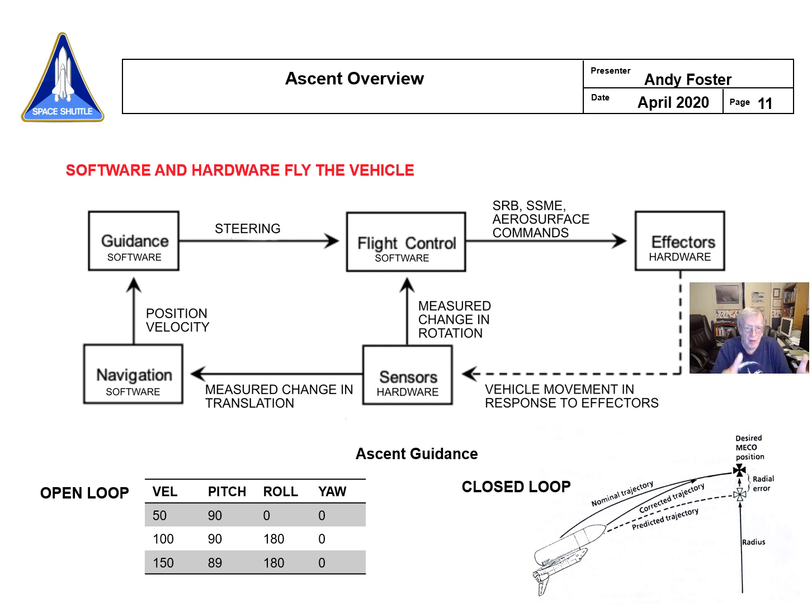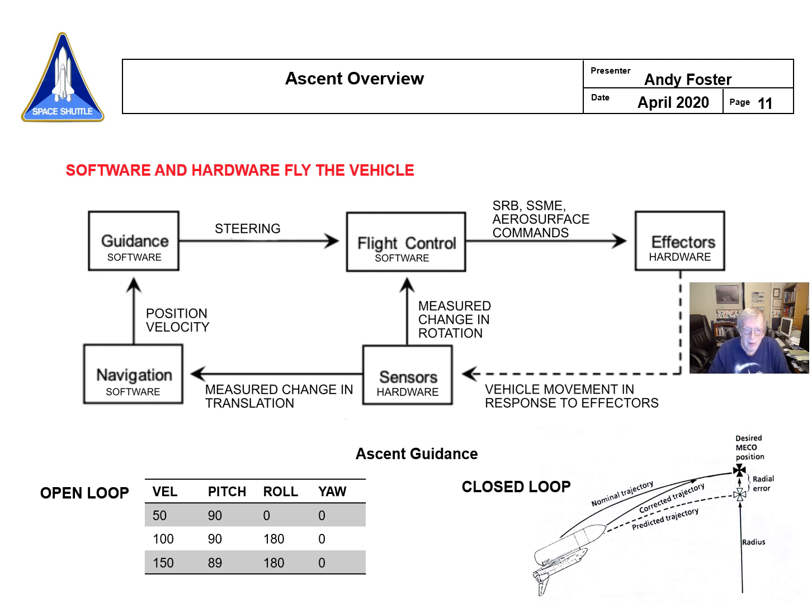Guidance figures out what steering commands do I need to get to where I want to go. Flight control essentially figures out what do I need to move to make this happen. And then, of course, those commands are fed over to what we call the effectors, and that would be like the SRB or the main engine gimbals or the aero surfaces if it was aerodynamic flight, and it would move those.